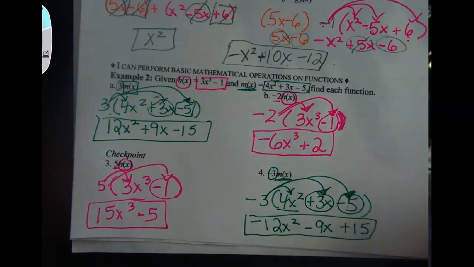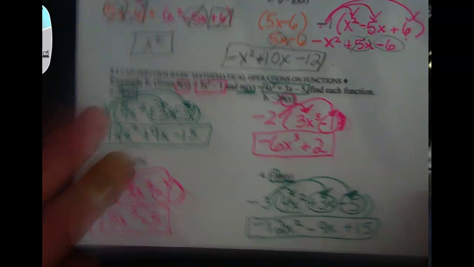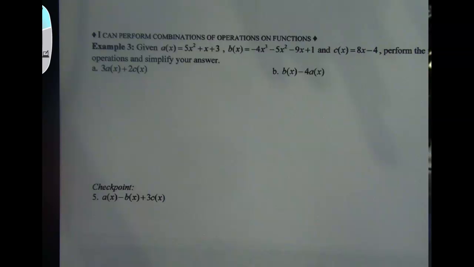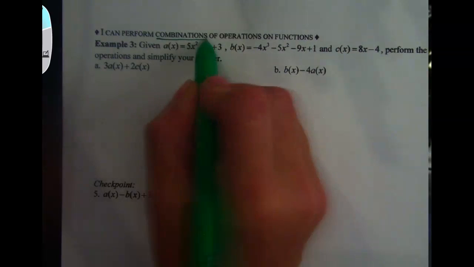So this last part for our notes, 1.2a with the literal, I want you to go to the next page, and we're going to look at this part here where it says example 3, sorry, you can't see it up there, and where you have combinations of operations.